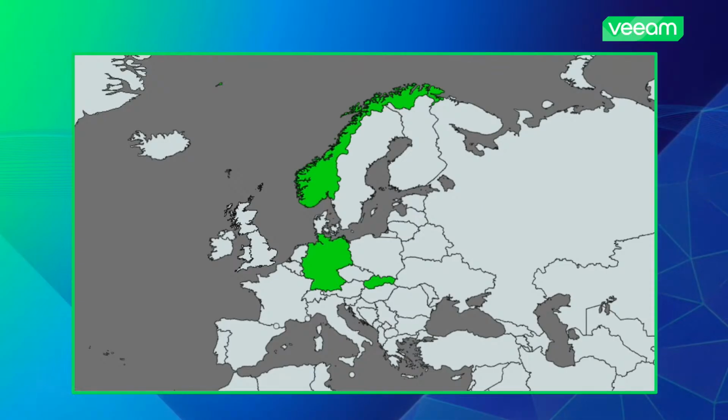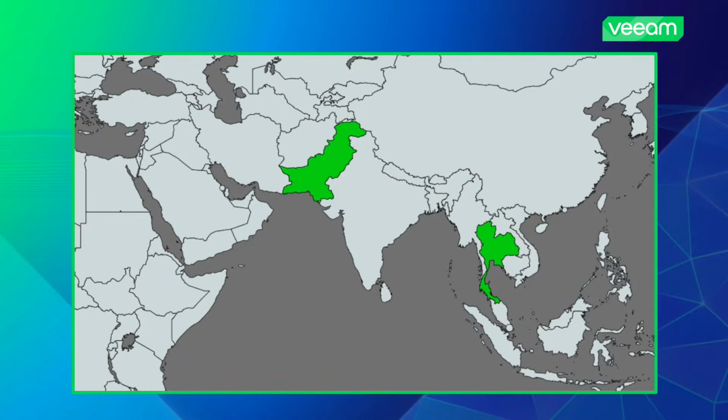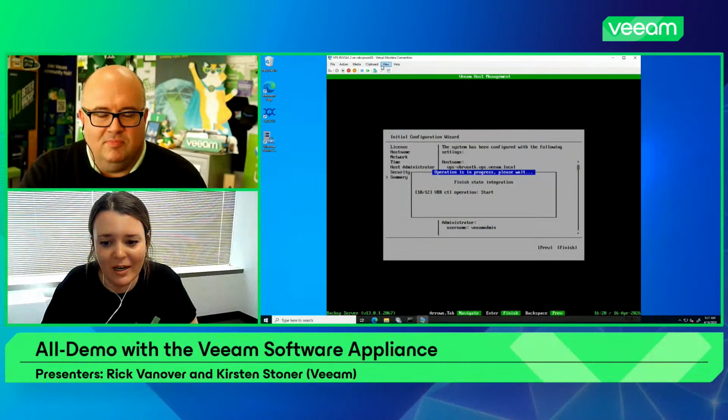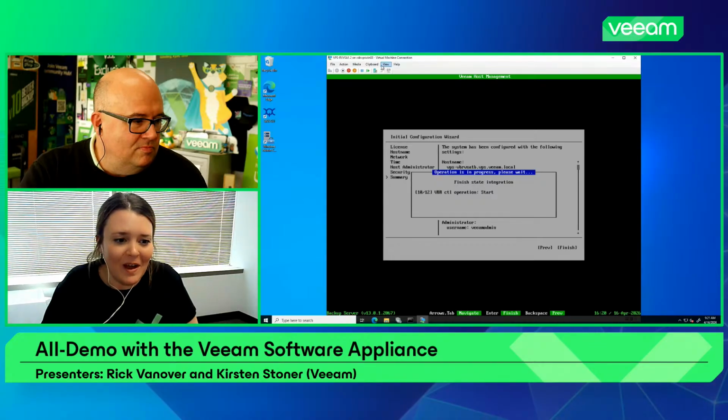The last time I was in Norway, it was a bit cold. If we go to South America, we also have Brazil and Argentina. And then in the Asia Pacific region, Pakistan joins us. So thank you guys for coming in, even for you guys staying up a little bit later to see how to set up the Veeam software appliance.